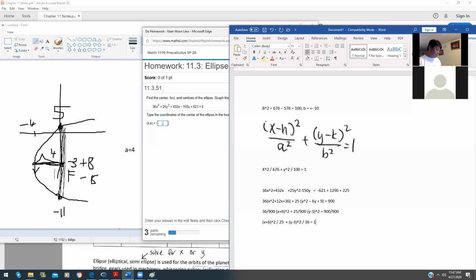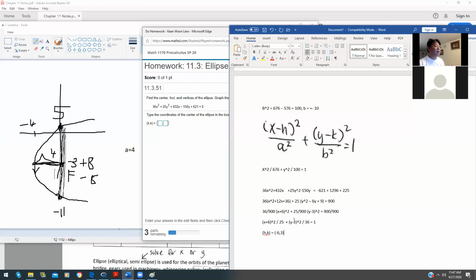So this is the equation of your ellipse, and then you have to figure out your center, h, k. HK in this case is the opposite sign of the numbers in the equation, so it will be negative 6 and positive 3. Don't forget that your h, k is the opposite sign.